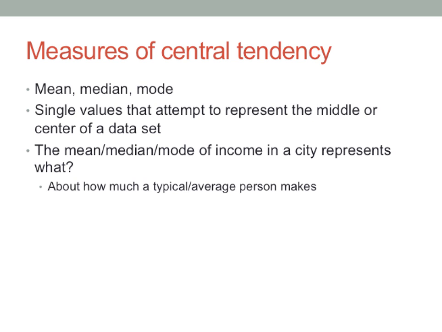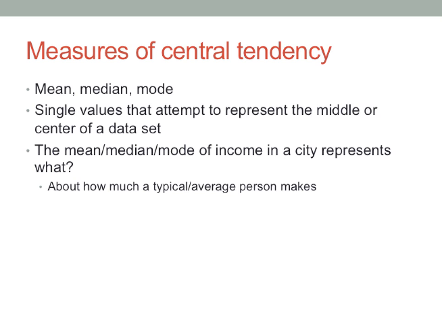So, for example, the mean, median, or mode of income in a city represents what exactly? Well, really, it represents how much a typical or an average person makes in a specific city. It doesn't mean that it is perfectly representative of everyone who lives there, but it's a decent idea of where our data are.